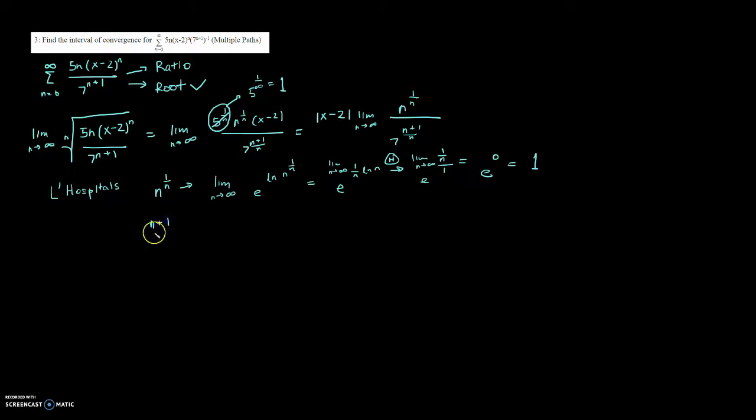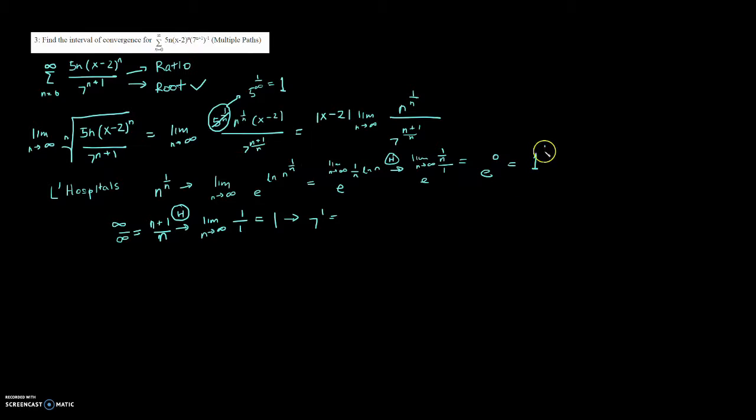Now let's look at your denominator. Let's look at the exponent only, since that has the nth term. Now let's do the L'Hopital's, since if you plug in infinity for numerator and denominator, it will turn out to be infinity over infinity. So when you derive it, it'll be 1 over 1. So 1. But don't forget that this is the exponent of 7, so it'll actually be 7 to the power of 1.